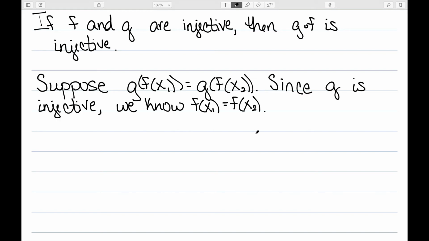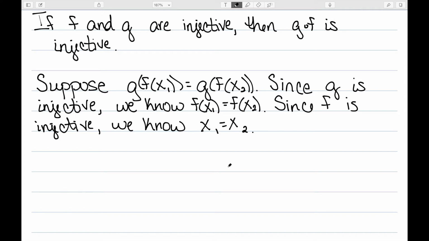Since g is injective, we know that f of x1 is equal to f of x2. That's the definition of g being injective. And since f is injective, we know that if f of x1 is equal to f of x2, then x1 is equal to x2. So I started with g of f of x1 equal to g of f of x2. I showed x1 has to be equal to x2. Therefore, g of f is also injective.